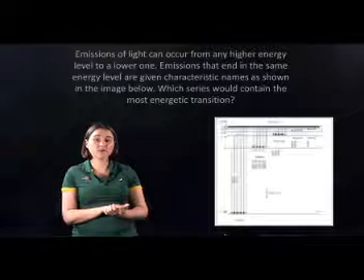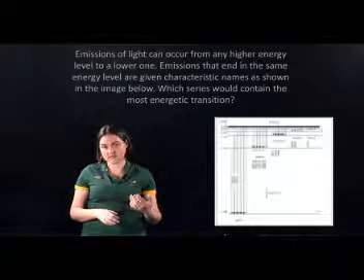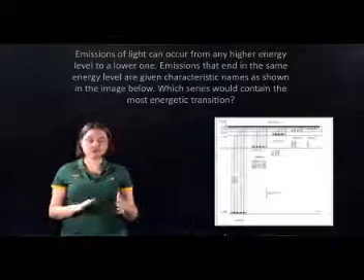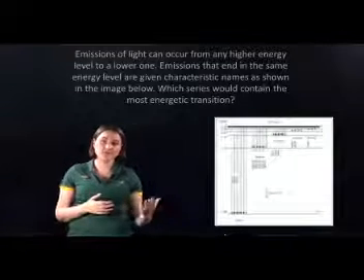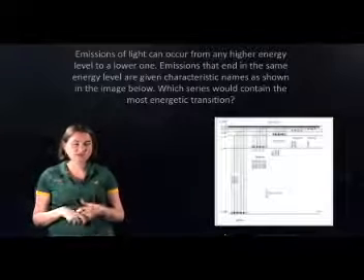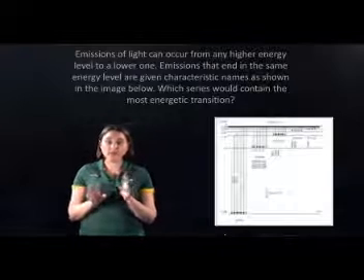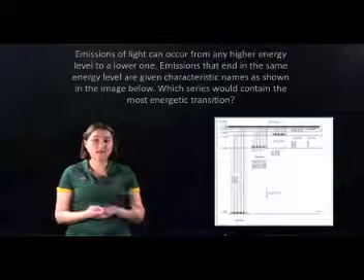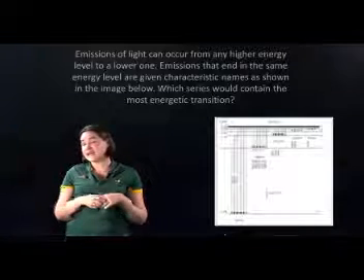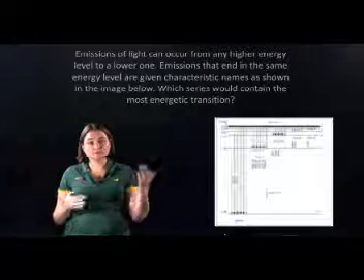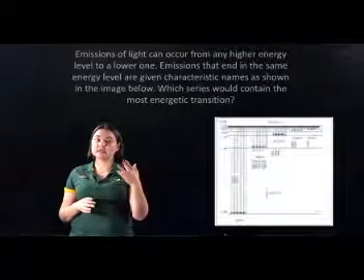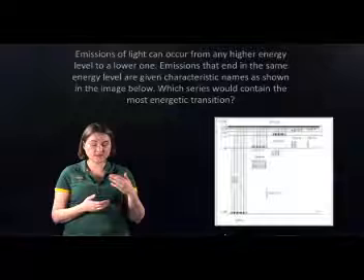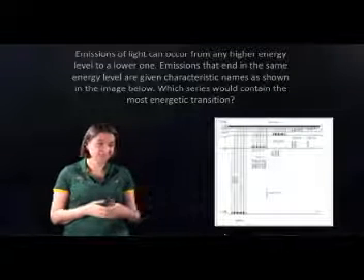All right, so here we have a bunch of electronic series, right? And it looks super crazy, and this is what a spectroscopist might look at if they needed to know what emission series they were looking at. But all you needed to do was look and say, okay, which one has any transitions from 2 to 1? Because those transitions are going to be the biggest energy, the biggest gap, highest energy.